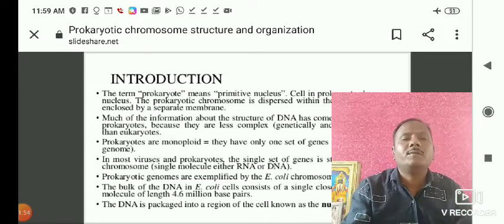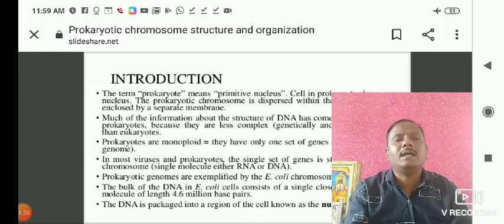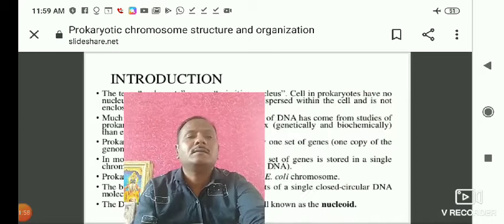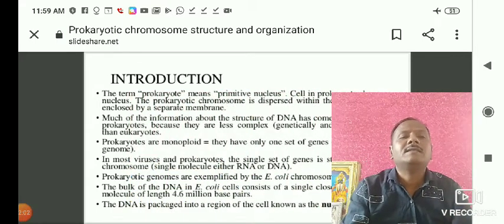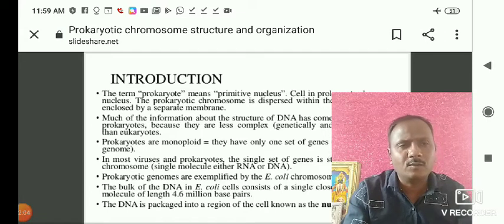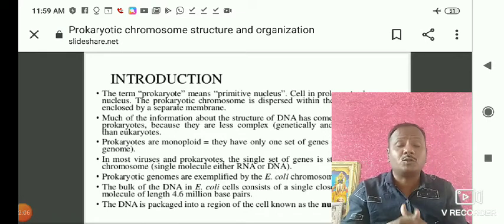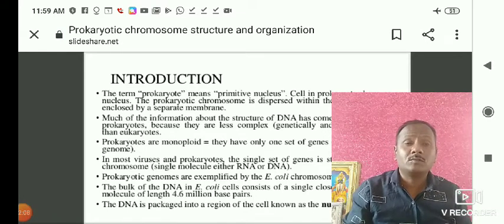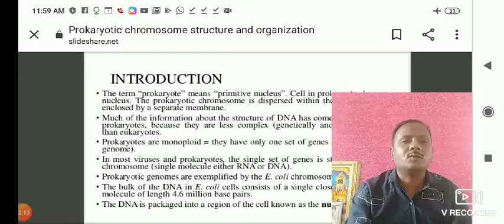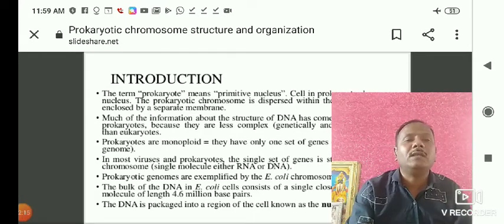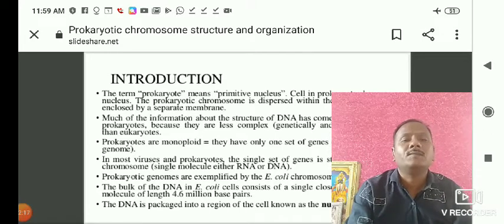Much of the information about the structure of DNA comes from the studies of prokaryotics, because they are less complex. The prokaryotic chromosome is less complex as compared to eukaryotic chromosomes, genetically and biochemically structurally.